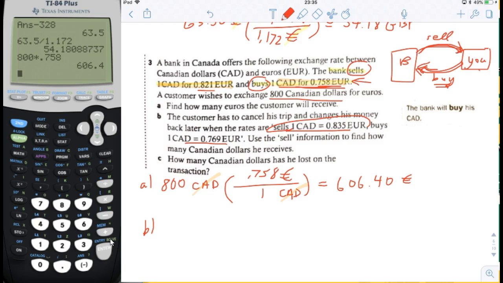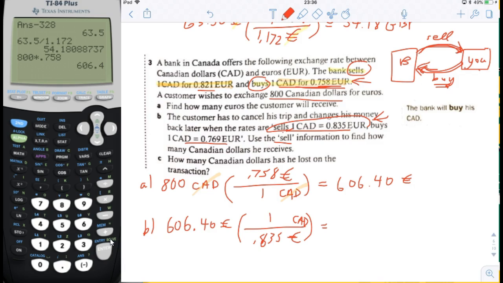So we'll take the 606.40 euros and we're going to multiply it times a domino with euros on the bottom and Canadian dollars on top because we want to convert it to Canadian dollars. Now the exchange rate we're going to use is this one because we're going to use sells. They told us we're going to use sells and we reasoned through it and we saw that sells make sense. So we're going to put 0.835 euros on the bottom and we'll put 1 Canadian dollar on top.